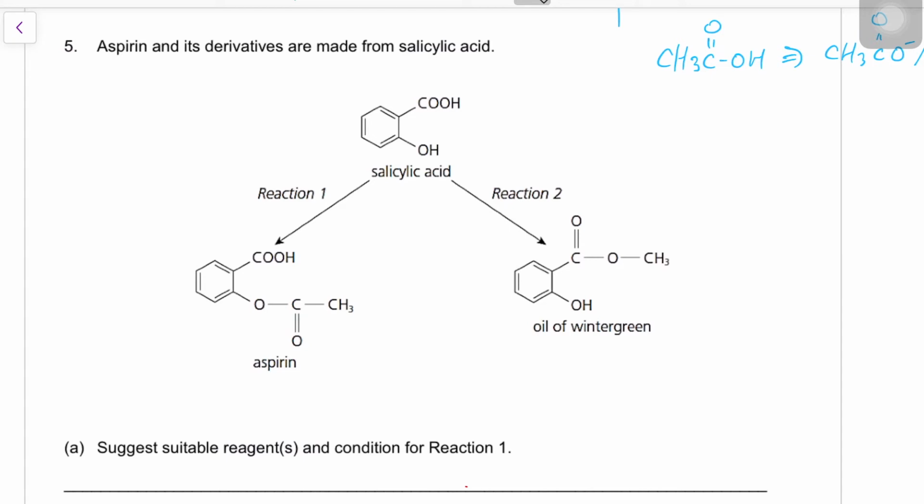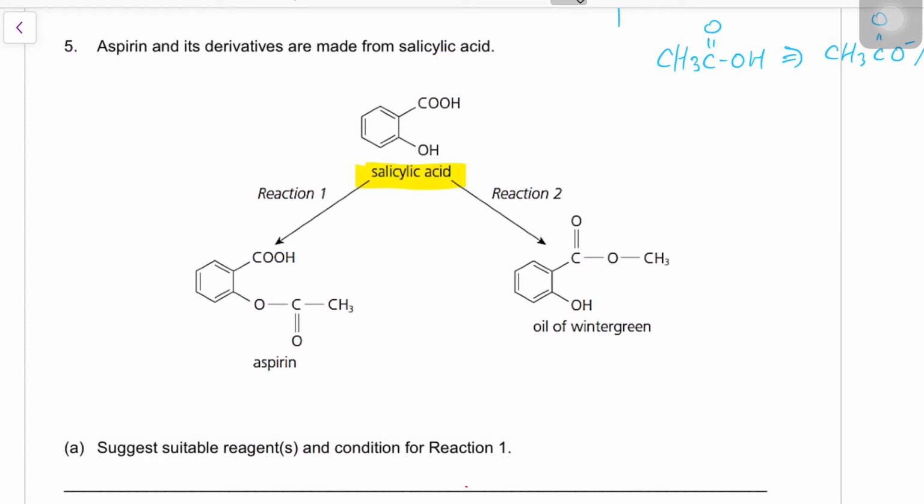Not exactly the same as aspirin, but if I extract the drug from the willow's bark, it will take a long time and the yield is very low, even though the source is natural. So what we should do is try to make it in the laboratory, and here is salicylic acid, which is the raw material of making aspirin.